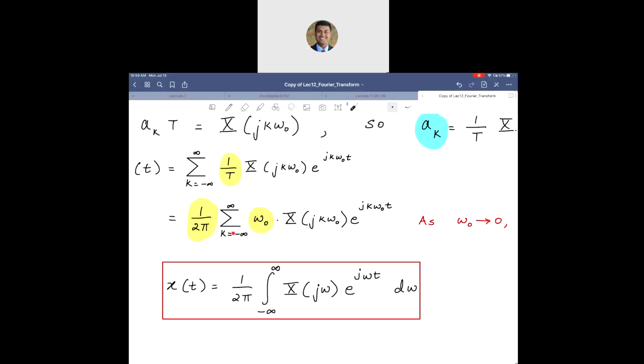What does that mean? If you consider omega naught as some d omega on the x-axis, and two functions over here getting multiplied, what do you have here? A summation. So that is a numerical approximation of an integration, right?